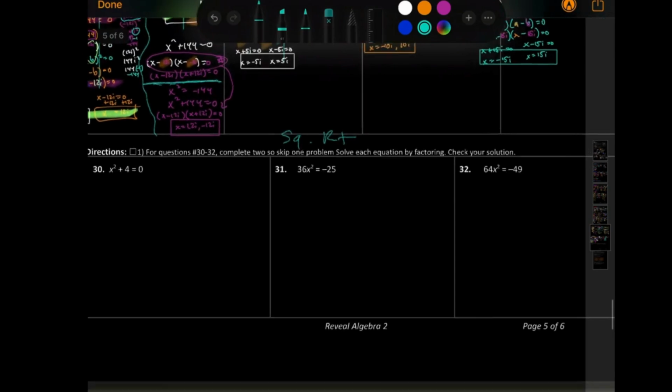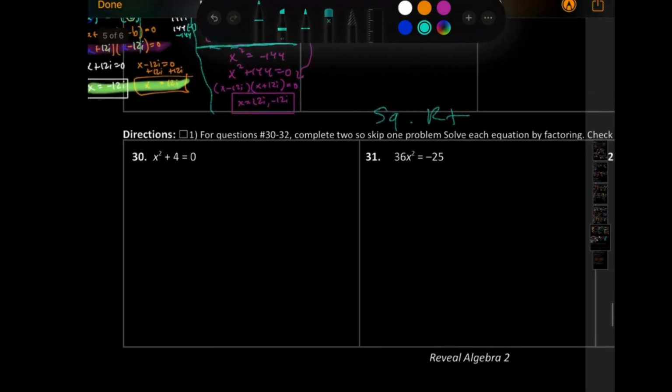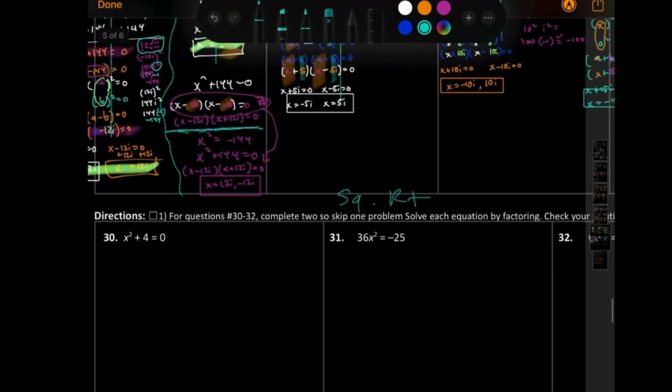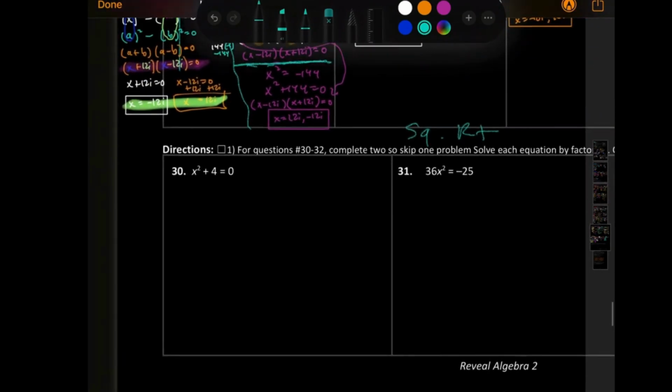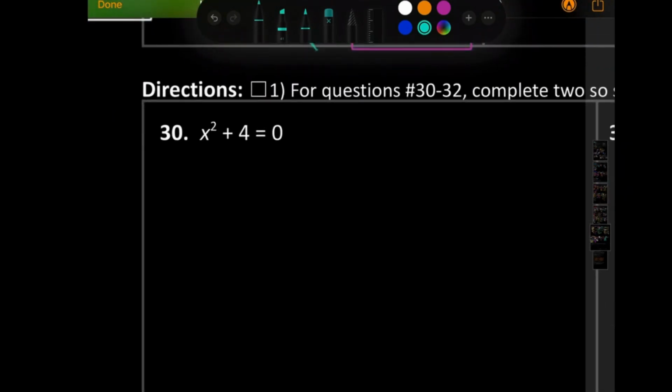All right, questions 30 to 32. I'm going to go ahead and use my method called the square root method. You could use the difference of squares if you want to, but I'm going to show you guys. It's going to go really fast. So subtract 4, x squared equals negative 4. Then I'm going to take the square root of both sides.